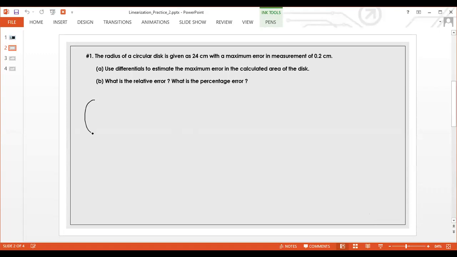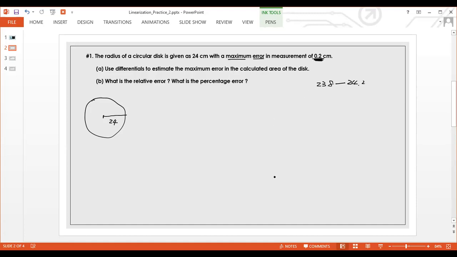All right, so let's draw a graph here. This is a disc, and the radius we want is 24. But with the measurement error, that means the gauge I'm using to measure it will have an error, and the maximum error is 0.2. That means I can measure this disc from 23.8 to 24.2, right?